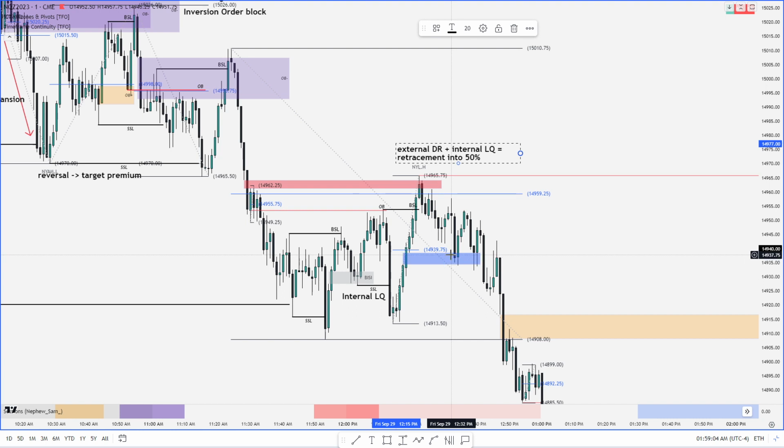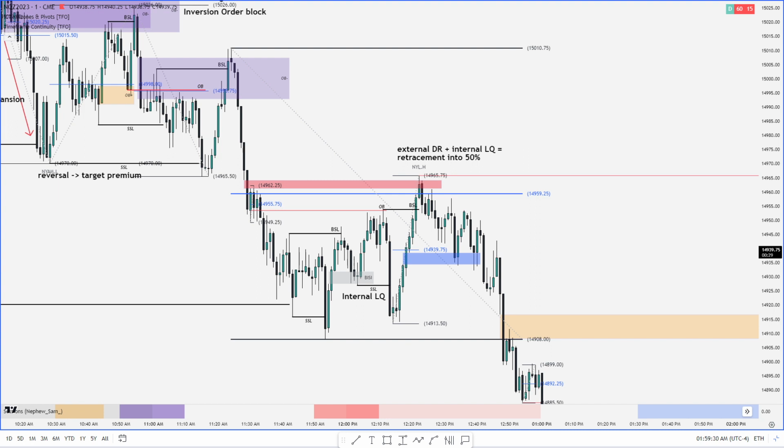So external scaling range retracement into 50%, right, with this line right here. Then retracement, right, into 50%. Is that what the picture says?